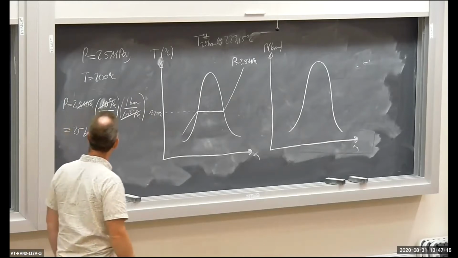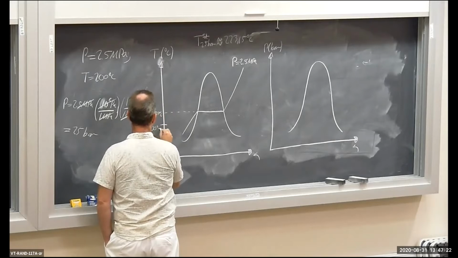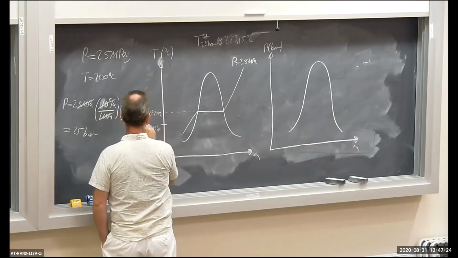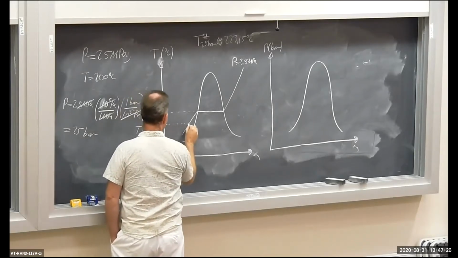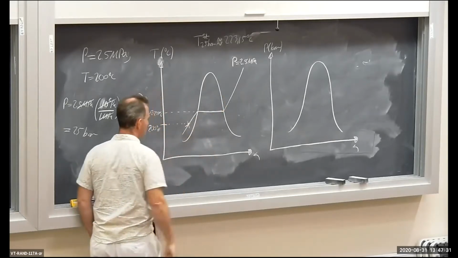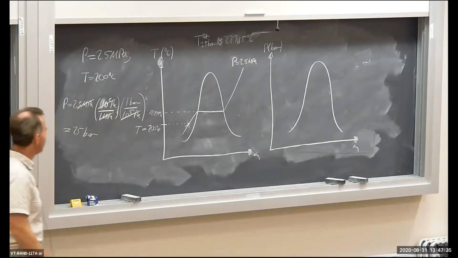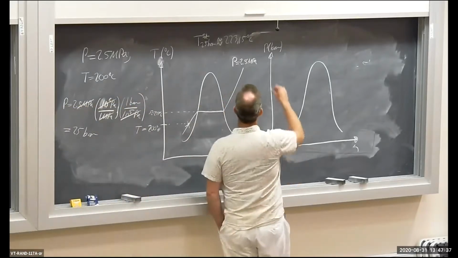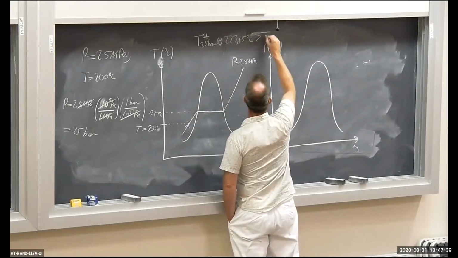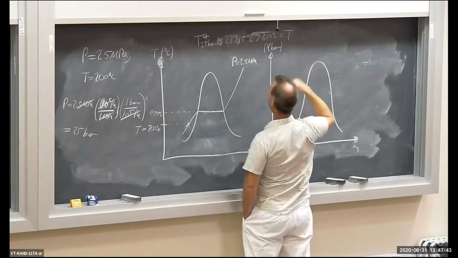Now we're below that. We are at 200 degrees C. That's our temperature. The intersection between the isobar and our isotherm puts us in the supercooled liquid region.